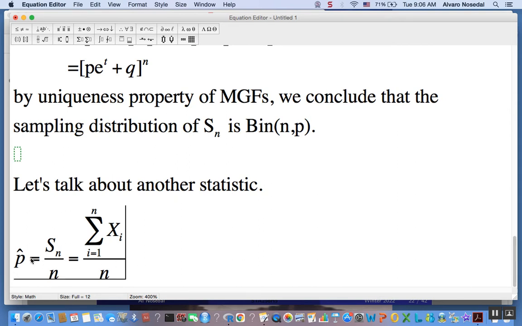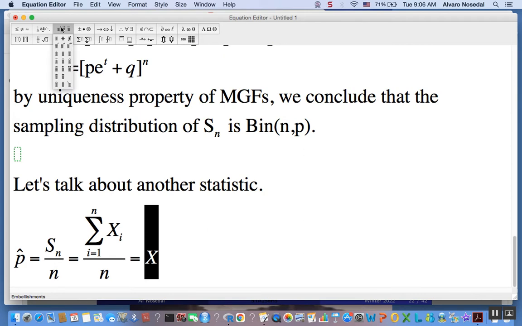So another way of thinking about p hat is this: the sum of the xi's divided by n. But the sum of xi's divided by n happens to be also x bar, right?